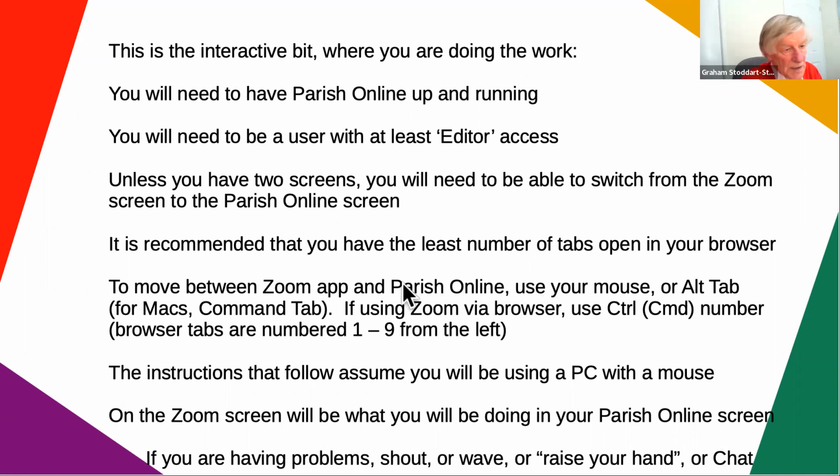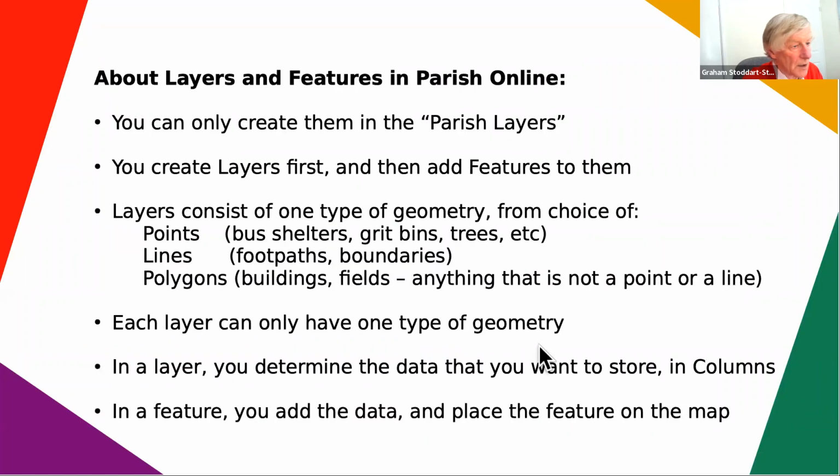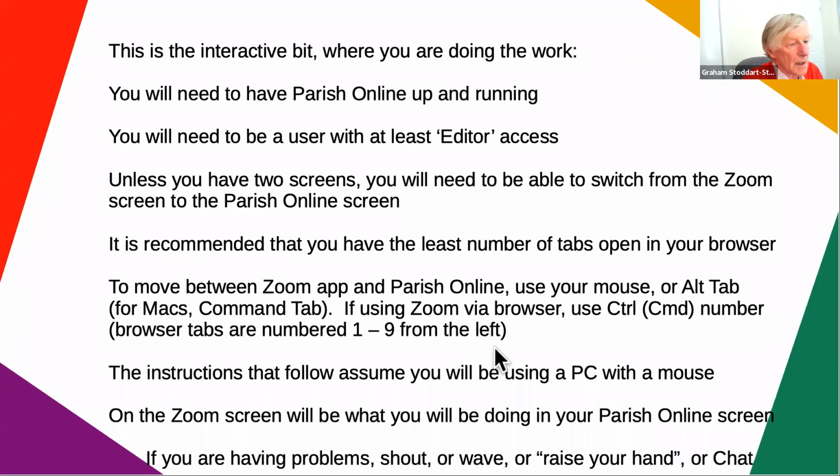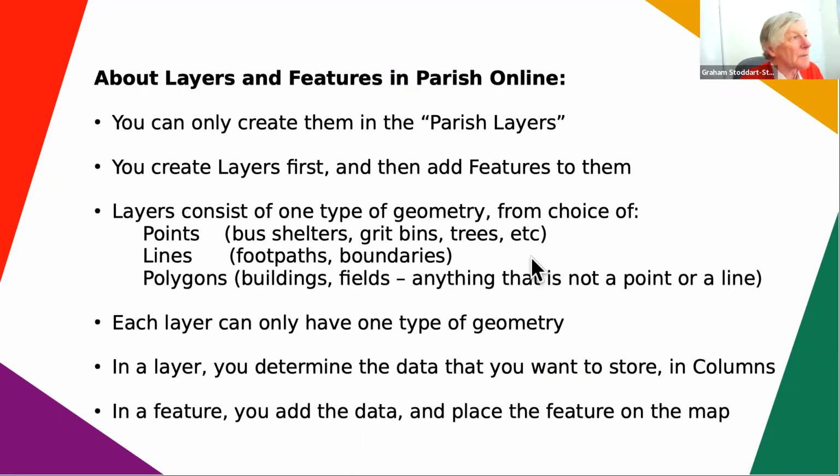And the best way of getting between the two is either Alt-Tab if you're just on 2 separate windows, or Control-1 and Control-2 if you're just jumping from one browser tab to another, whatever it happens to be. And I'm assuming that you're using a mouse with a PC. Otherwise, it's very difficult to do. People who are doing tablets, it's not so easy to do tablets for training sessions.